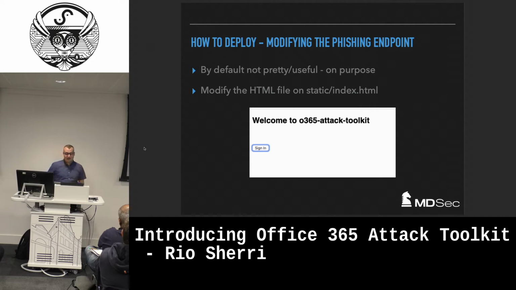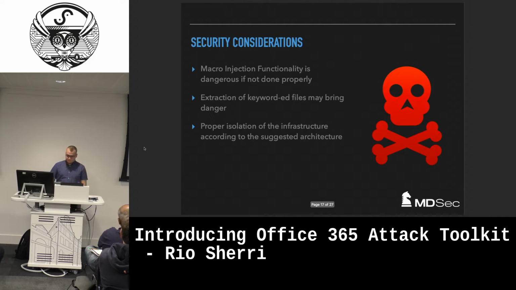The HTML file is hosted as static index.html, so you can just change that file to whatever the pretext is, and then you're good to go. So now you configured the tool, you changed your phishing HTML file, you created all the Outlook rules that you want, and then you're ready to go, right?